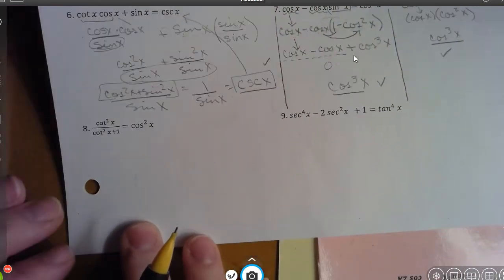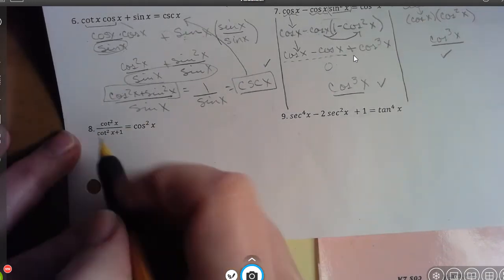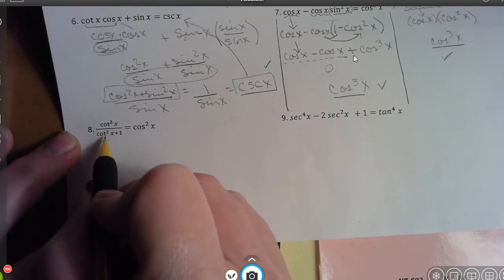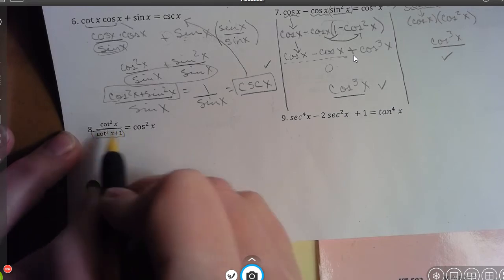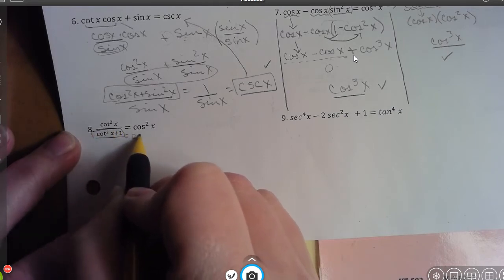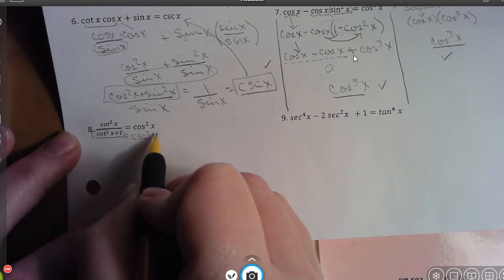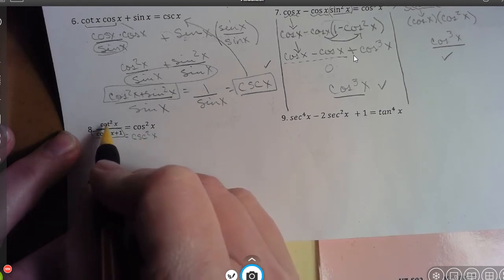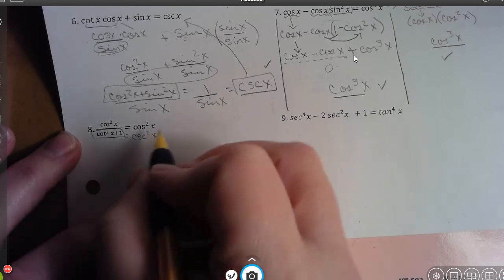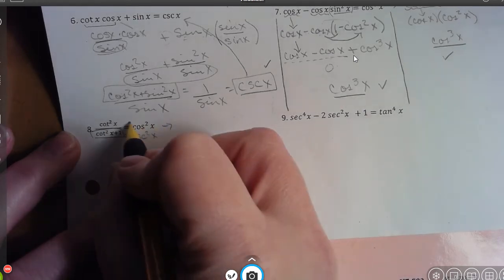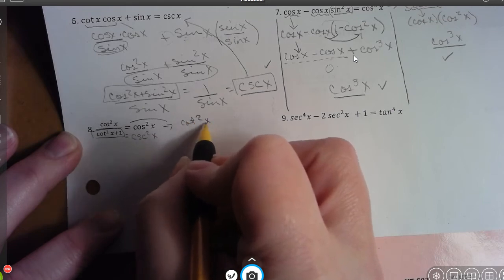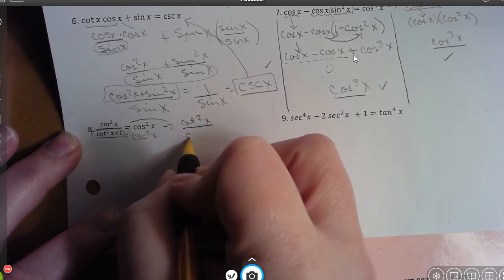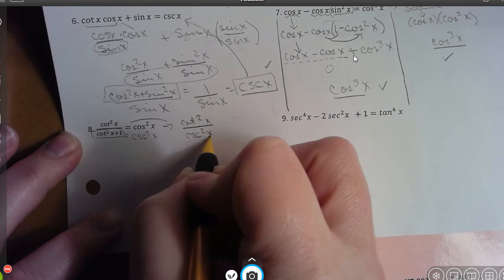All right, looking at the one on the bottom, this one. Cotangent squared x plus 1, I know, is cosecant squared x. So if I take the first step, I'm going to go over here and go cotangent squared x over cosecant squared x.